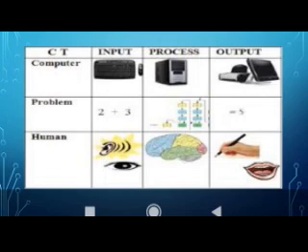Next example, a problem in mathematics: 2 plus 3, addition. So 2 and 3 are the input. Addition is the process and then 5 is the result. Next, human. In a human, what is the input?